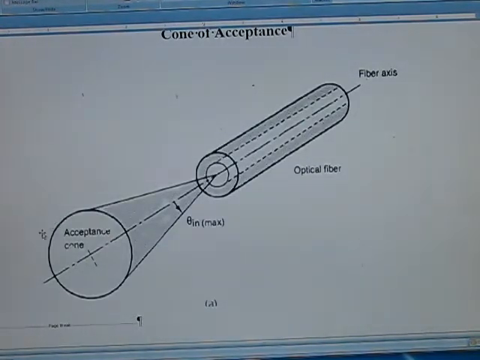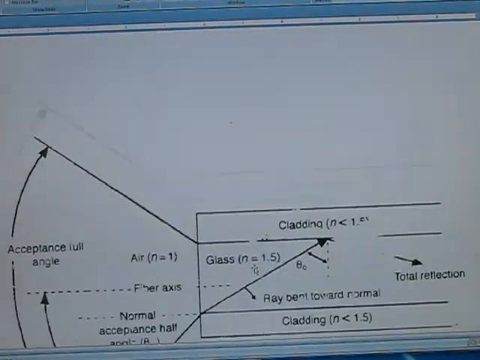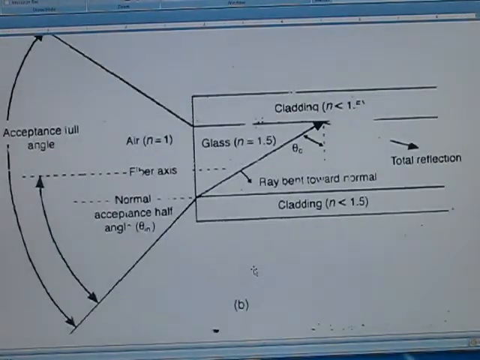If we're on the actual circle, that would be the critical angle, and light exactly there would be lost in the core-cladding interface. Any rays of light entering from outside the cone would be reflected into the cladding and be lost forever.